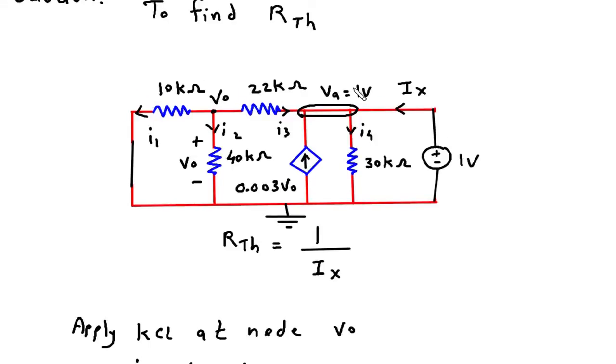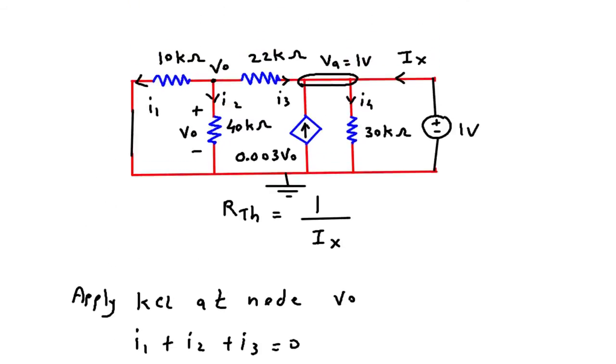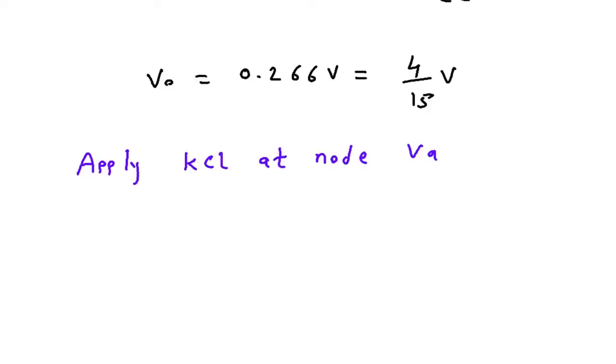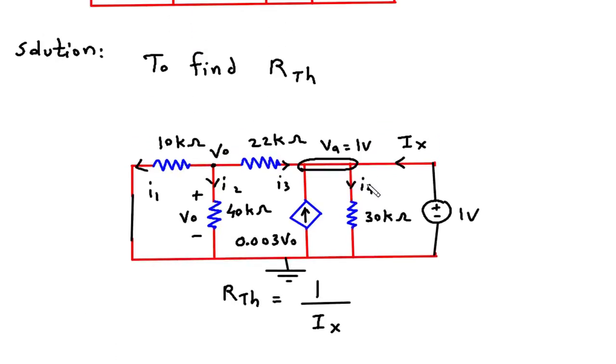If we apply KCL at node VA, summation of all the entering current is Ix plus I3, equal to I4.